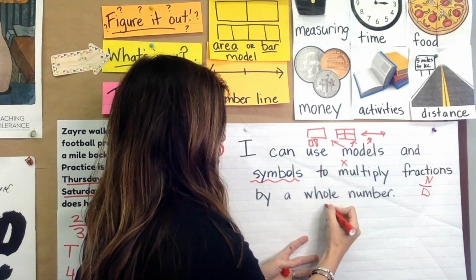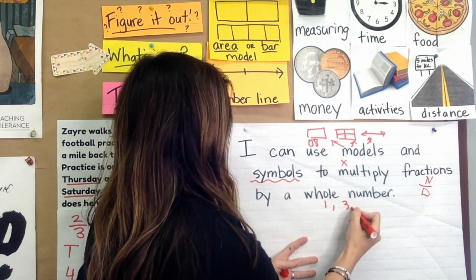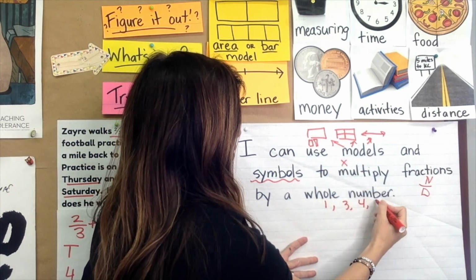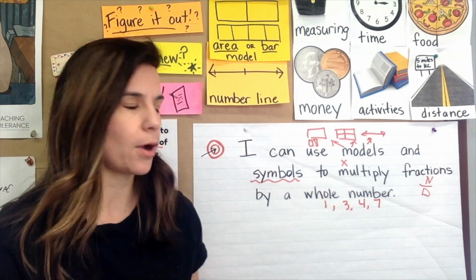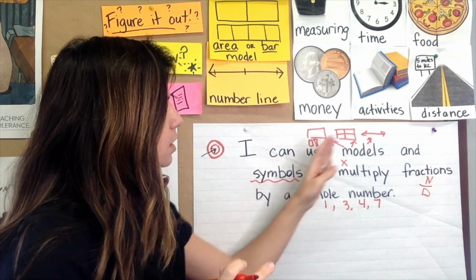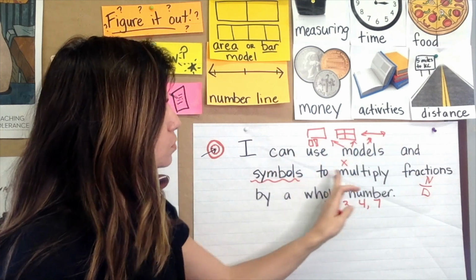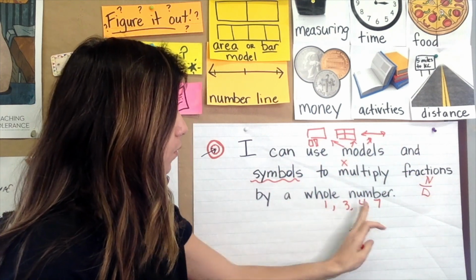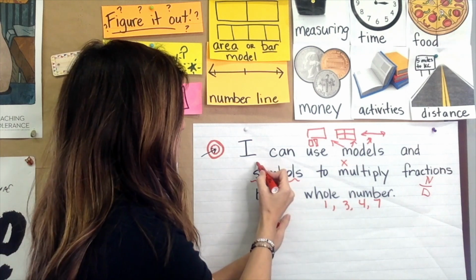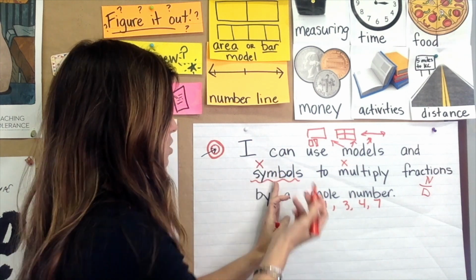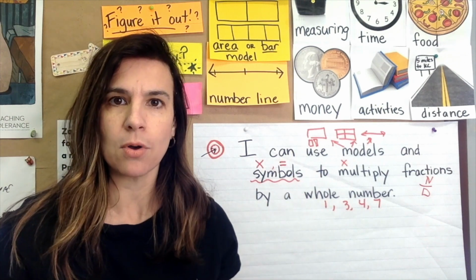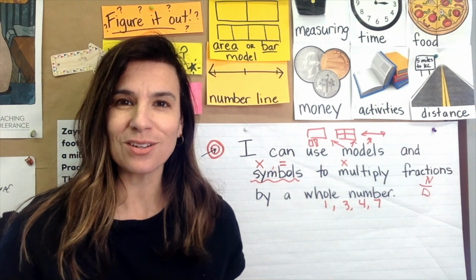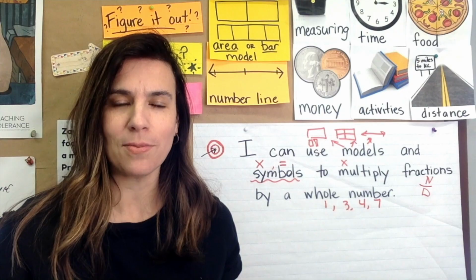It's like 1, 3, 4, 7, all of those are whole numbers. They're not fractional parts. Okay, so we're going to use models and symbols to multiply fractions by a whole number. Well, I think some symbols we could use are the multiplication symbol, an equal sign, things like that. Those are symbols. So let's get started on solving some of our What's New problems.